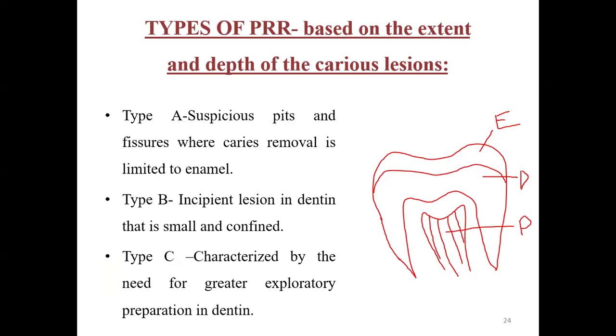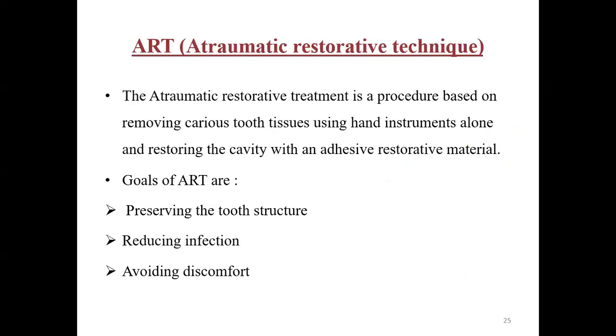Type B is the incipient lesion in dentine, which is small and confined. And type C is characterized by the need for greater exploratory preparation in the dentine, that is your deep dentinal caries, which are approaching pulp. So for that, we need to apply a base over which the restoration has to be done. So these are the three main types of the preventive resin restorations.